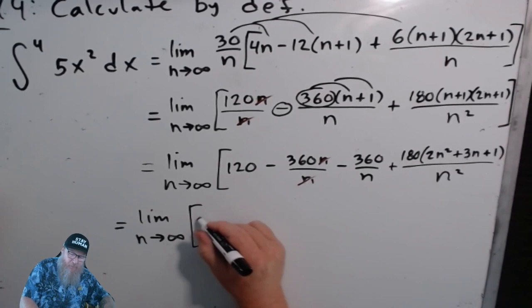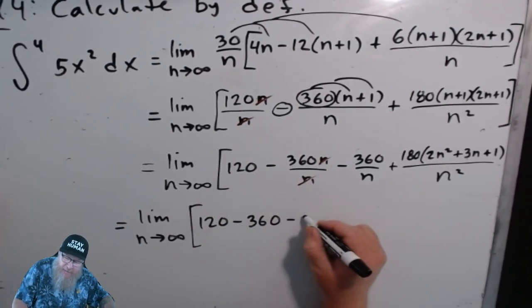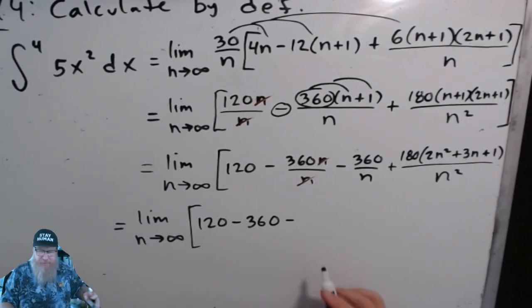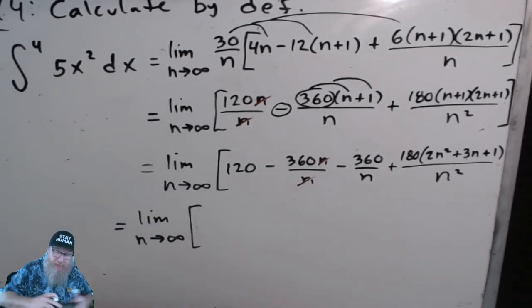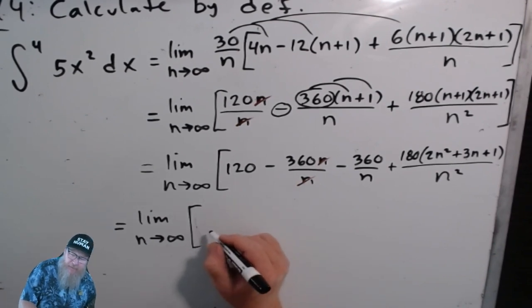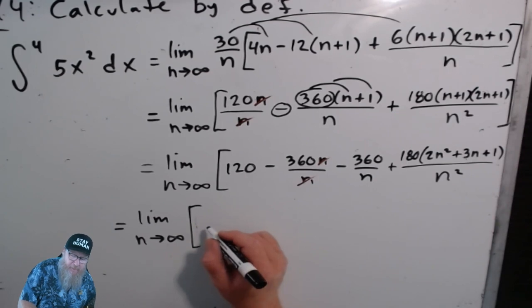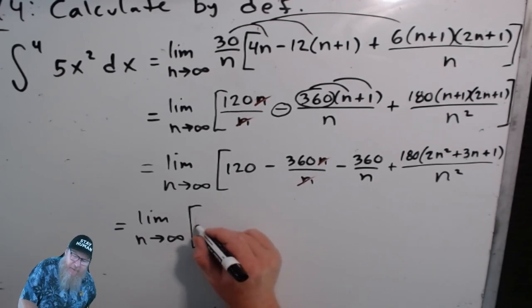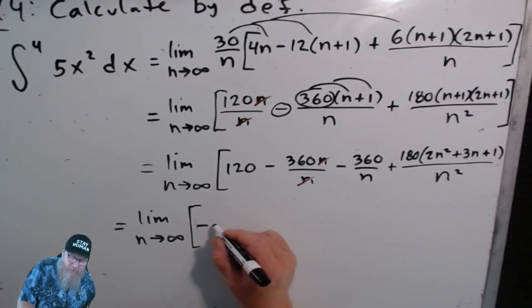So let's see, 120 minus 360, I could just combine those. Let's do that. What's 120 minus 360? That's negative 240?